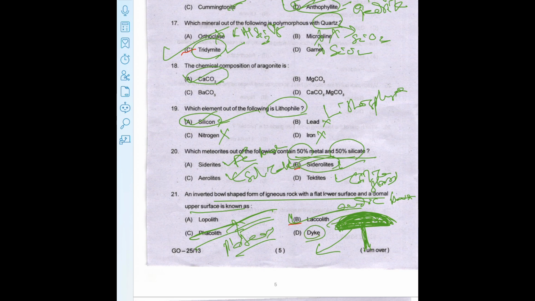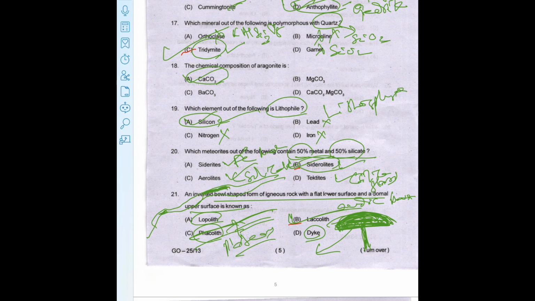Dike is represented by basic lavas. Lapolith by basic. Phacolith, we can say, will be basic in nature because the folded layers, these crests, are being filled by the magmatic matter.